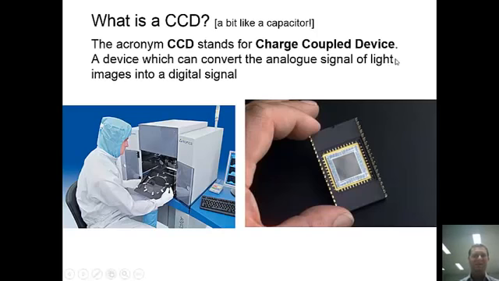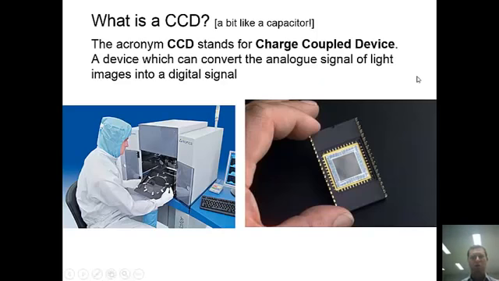Now, a CCD stands for charge coupled device, and what it really is, is a silicon plate which allows us to convert an analog signal of light images into a digital signal. So it's an analog to digital converter of some sort, but for images.